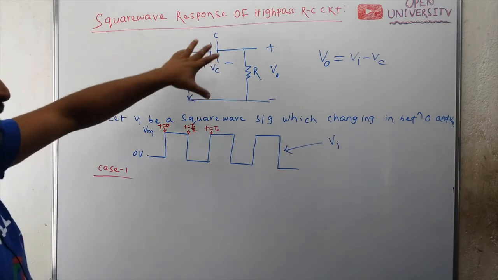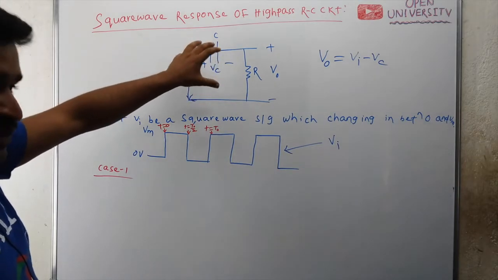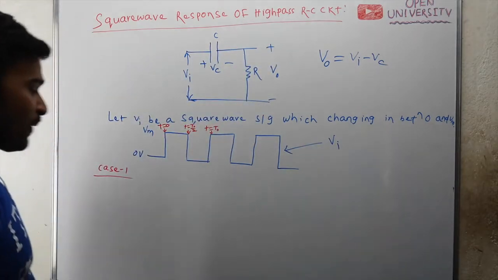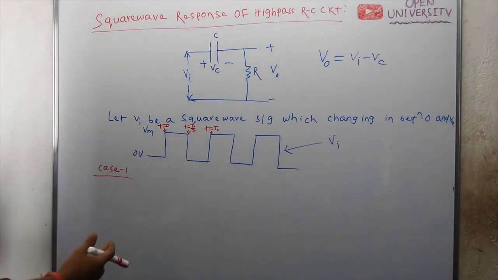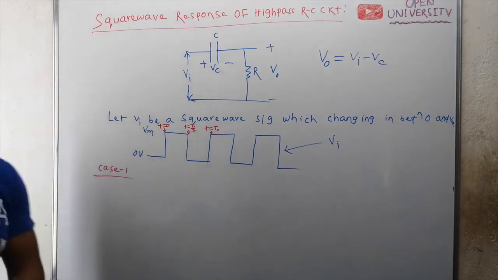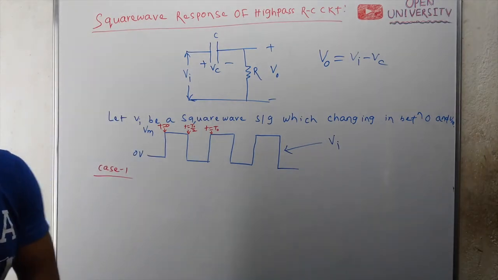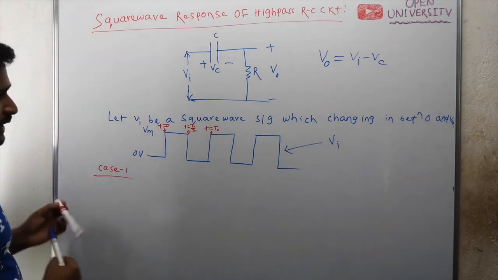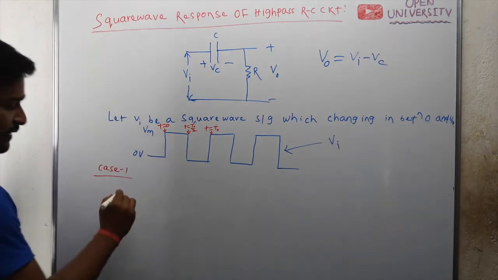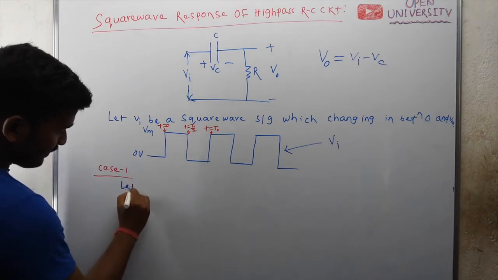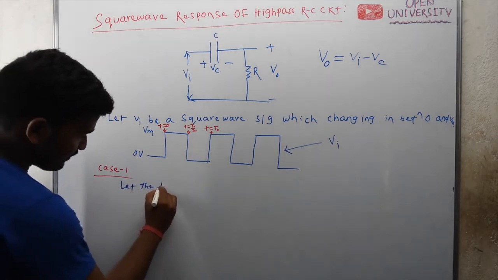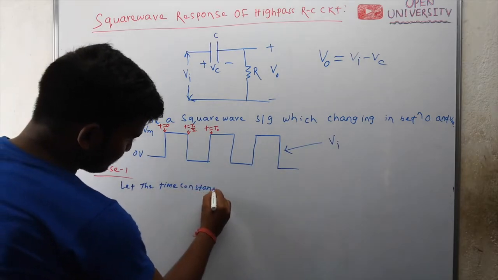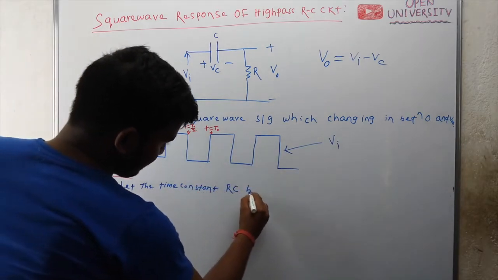We will discuss the square wave response when the time constant is very high and when it is very low. Let the time constant RC be very high.